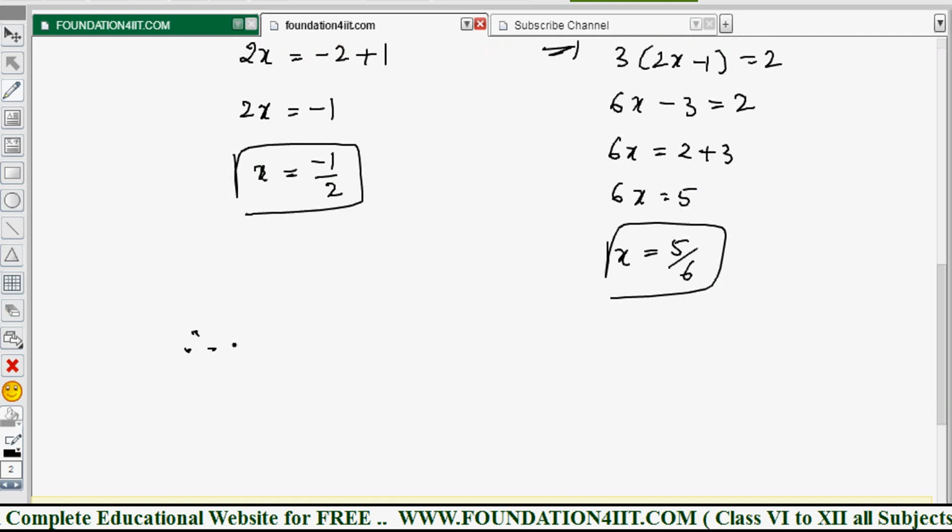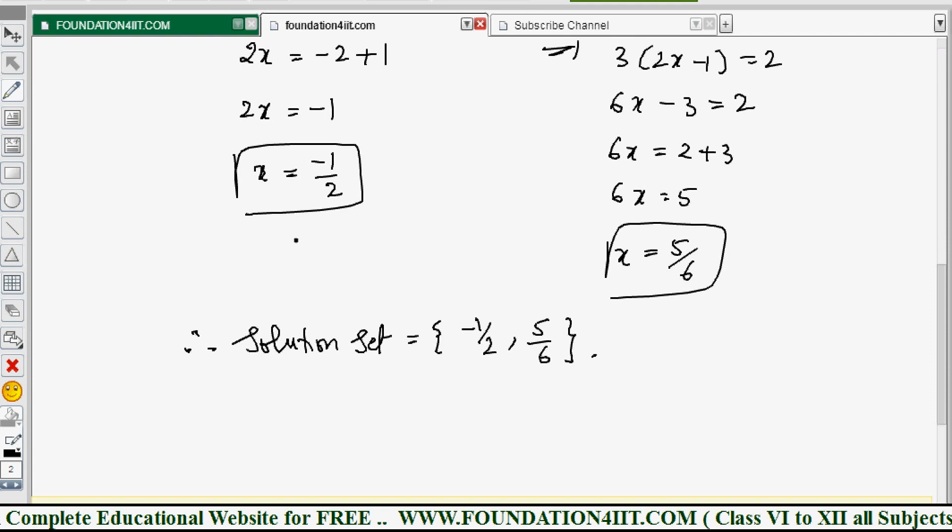Therefore, the solution set you must write, because according to the ICSE pattern, you must write the solution set once you solve the quadratic equation. That is minus 1 by 2 comma 5 by 6, right?